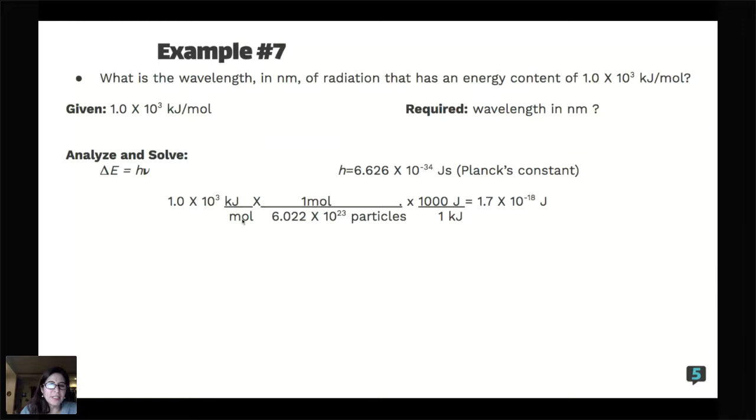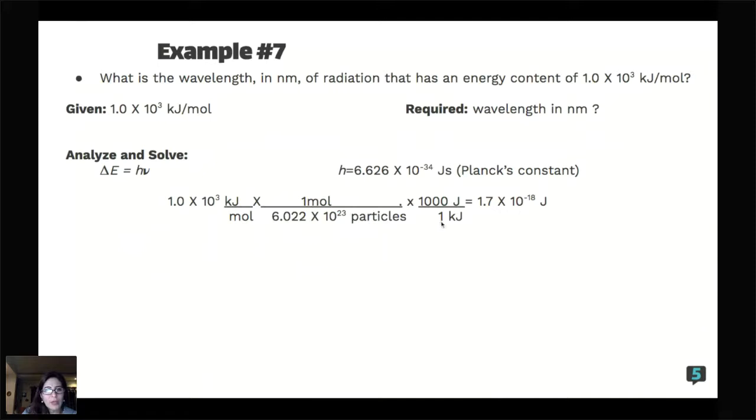And to change this, we need to remember from previous knowledge that 1 mole means 6.022 times 10 to the power of 23 particles. Whichever particles, in this case, they are radiation or waves.